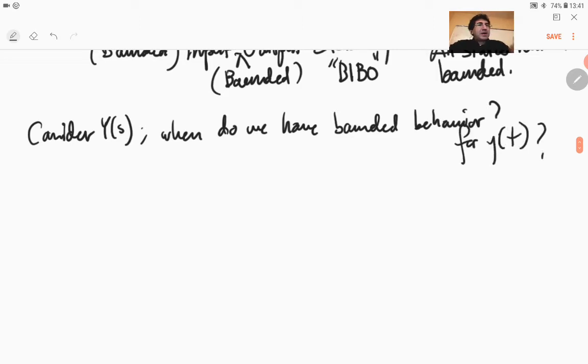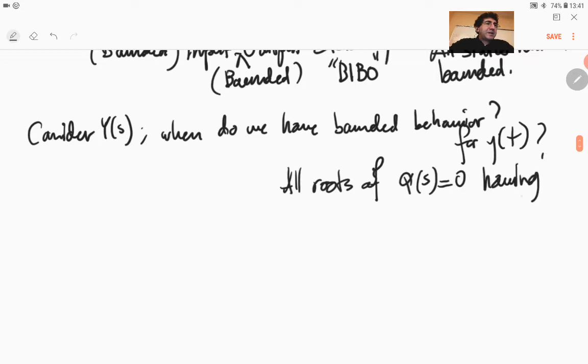All right, so when do we have bounded behavior for y of t? Okay. And the answer is that if we have essentially all roots of q of s equals 0 having negative real parts.